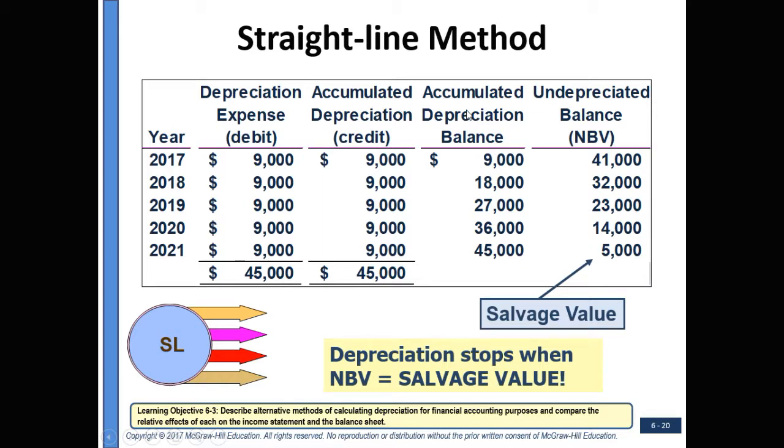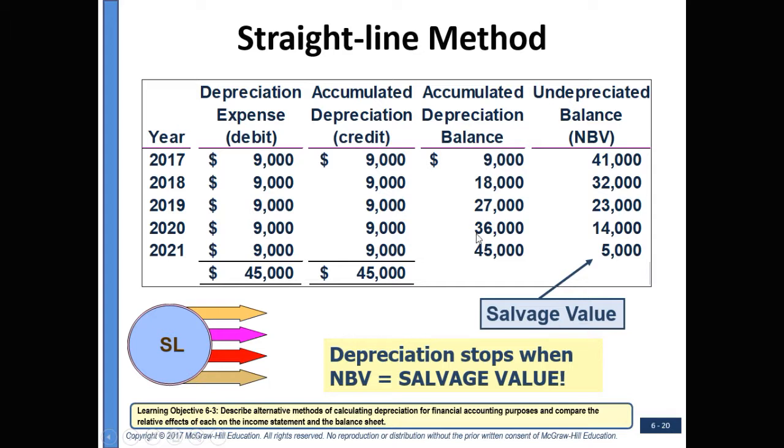So for a straight line method, here's the depreciation schedule. You'll notice that the depreciation expense, the accumulated depreciation credit, the amount for that period, remains at $9,000 every year. There's your debit, there's your credit.